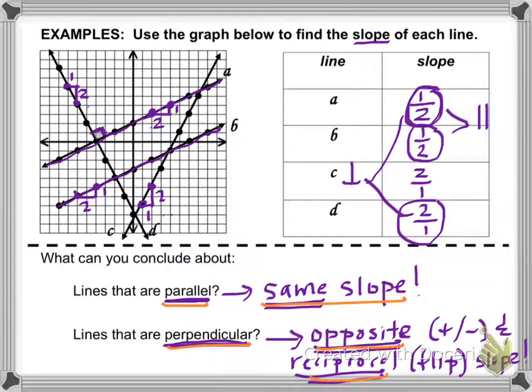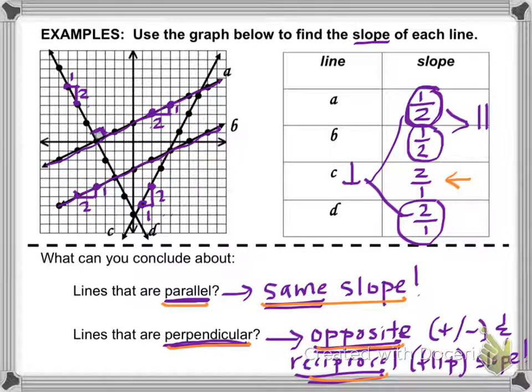Now notice line C we didn't talk about. Look at the slopes of line C with lines D and A. Notice it's not parallel to lines A or B or D, and it's not perpendicular to lines A, B, or D. It's got some of the same numbers in the slope, right? But for example, with B and C, those are reciprocals, but they're not also opposites.